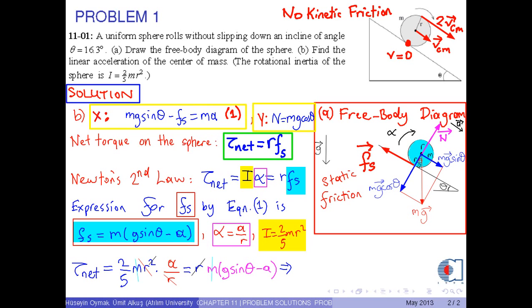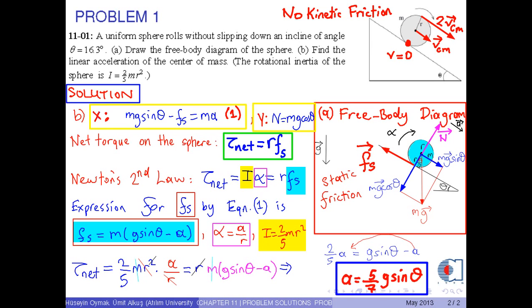After some cancellations, we obtain 2 over 5 times a equals g sine theta minus a. From this equation, we obtain an expression for a as 5 over 7 times g sine theta.